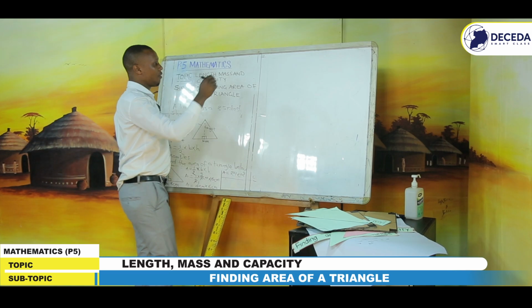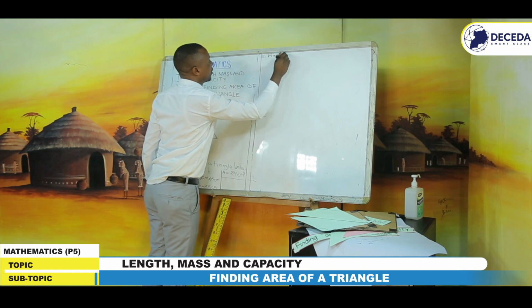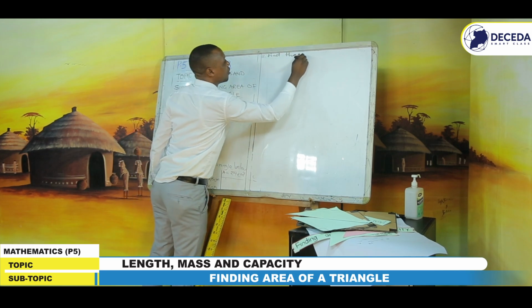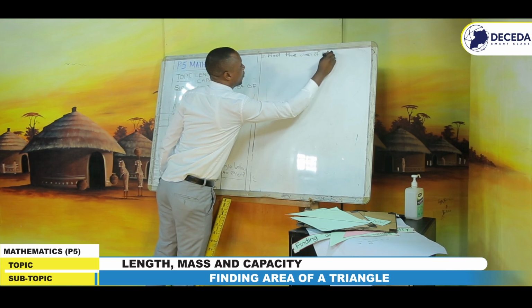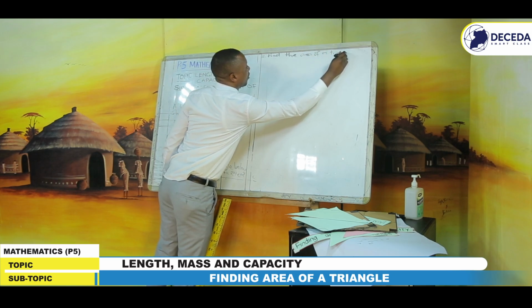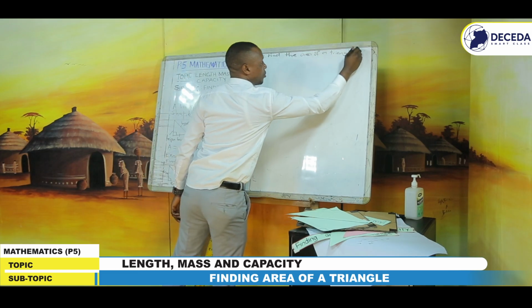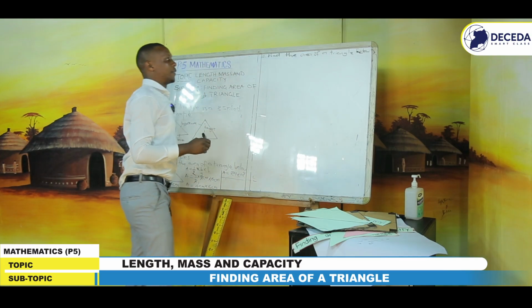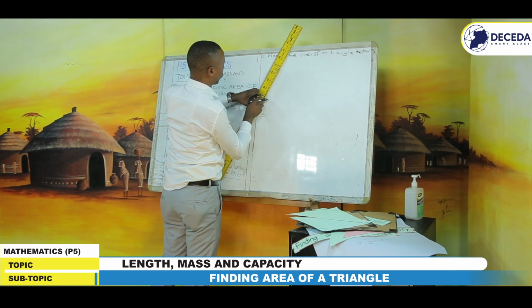So find the area of a triangle below. And the triangle is illustrated as I'm showing you here.